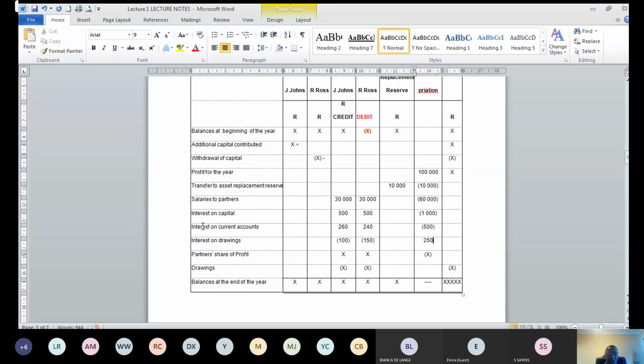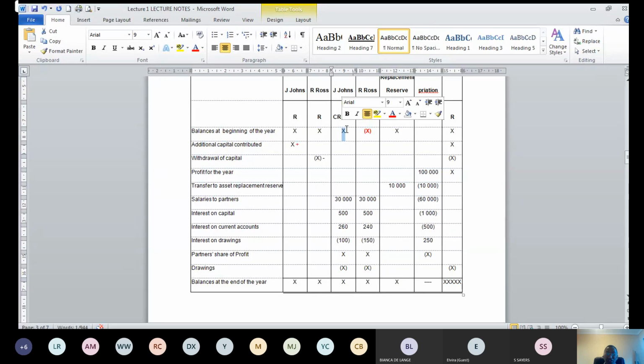I must go back to the interest on current account, guys, because I just want to show you something else here. If the partnership agreement stipulates that the partners must get interest on their current accounts, this partner, Johns, who had a credit balance, will be entitled to interest.